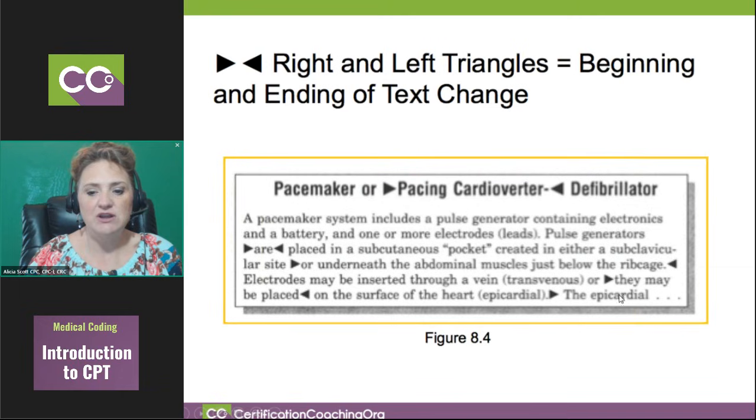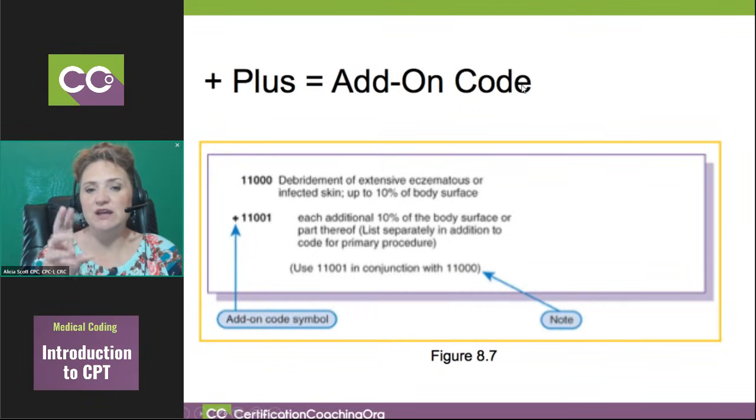Same thing down here, they added "they may be placed." Okay, so that's all that means, is that there has been a change in the text, and the arrows are revealing that. And you see this a lot in the guidelines. Every year they tweak and usually make the guidelines more specific.